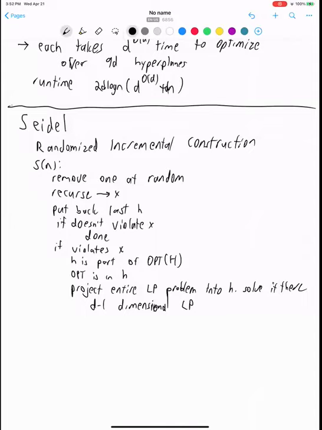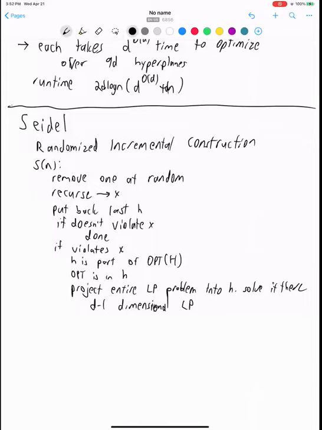And now I project the objective function into that hyperplane as well. And this gives me a D-1 dimensional direction in which I want to optimize. Okay. And so once I solve it there, I have the answer, right? Because the optimum of the projection gives me the other D-1 hyperplanes that define the optimum.